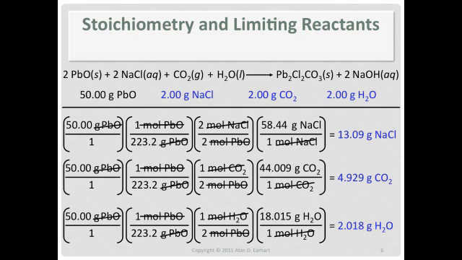Which means the lead 2 oxide is in excess, and my limiting reactant is one of those three, but I don't know which one of those three. As it turns out, and this isn't obvious, and this is why I don't like it, the limiting reactant is the larger of the calculated masses. The limiting reactant is the 13.09 grams of sodium chloride.